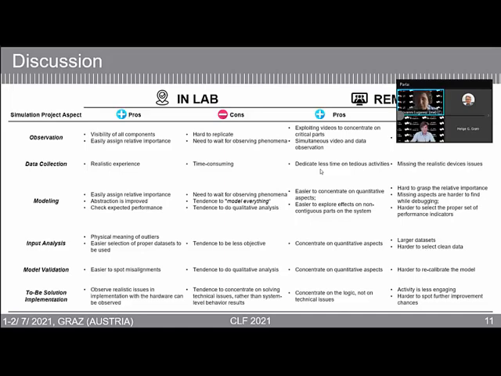In other aspects, we spotted more differences with respect to previous years. For example, when performing modeling activities, the groups in the remote setting were less careful in the selection of a modeling level of detail, and they had the tendency to model everything with the same level of detail.